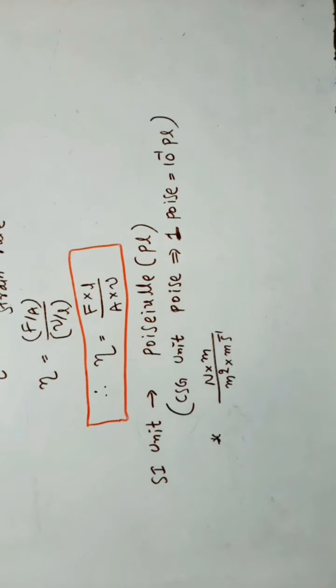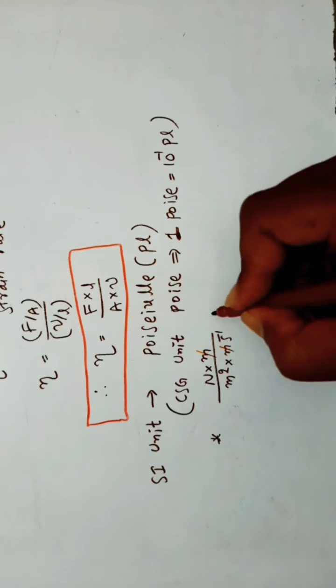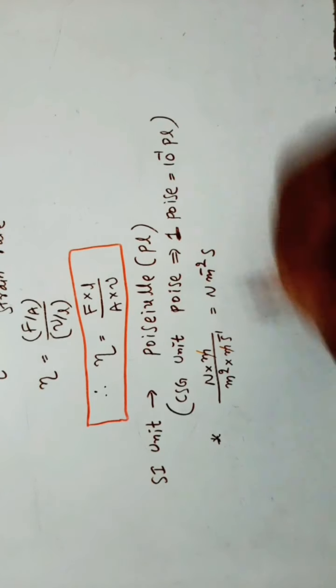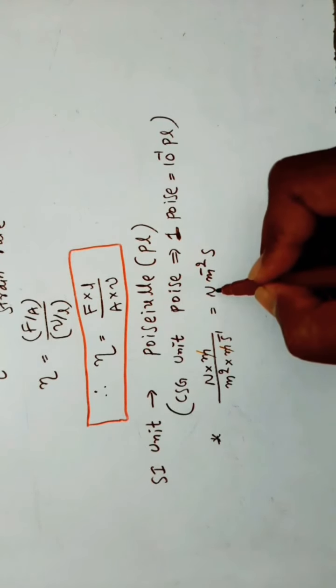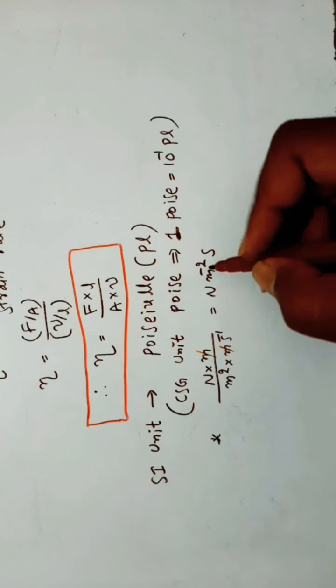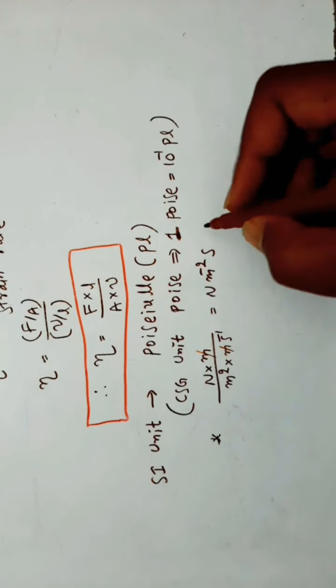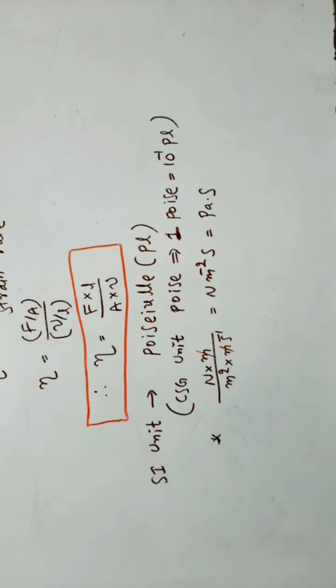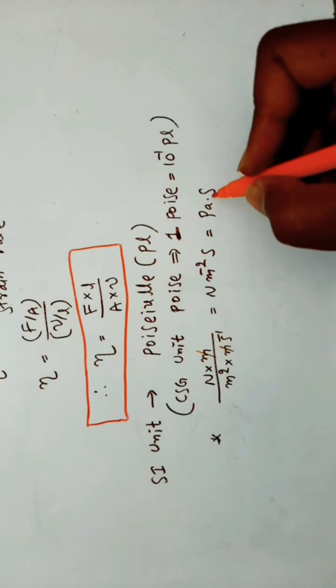So here meter cancels. So we can write Newton per meter square into second. We know Newton per meter square is the unit for pressure. So we can write Pascal into second. So here another SI unit is Pascal second.